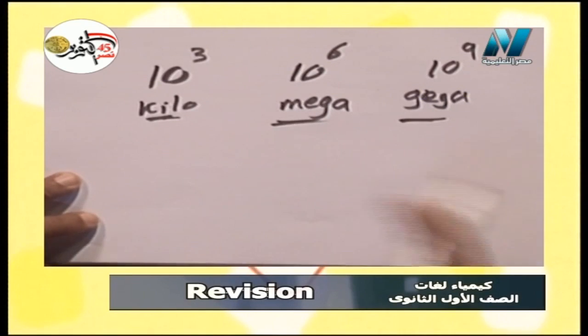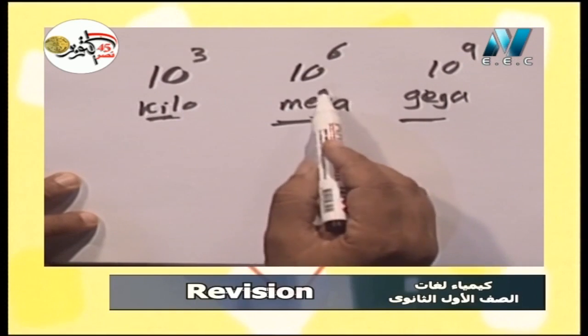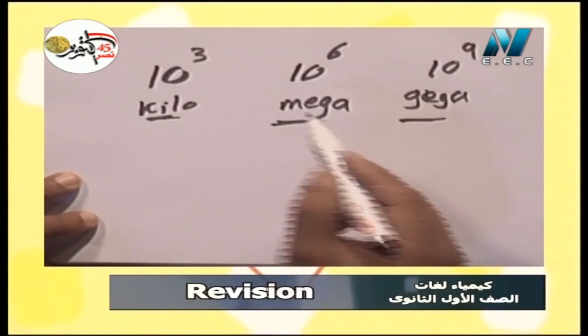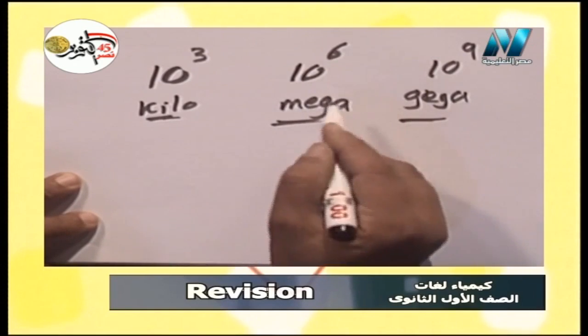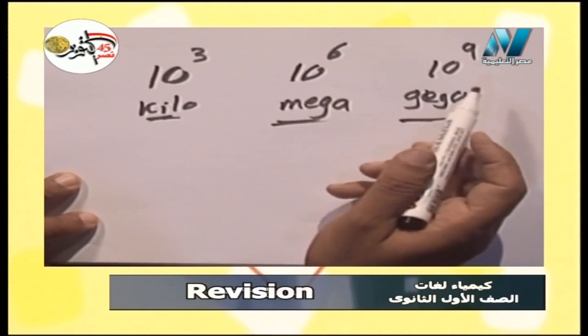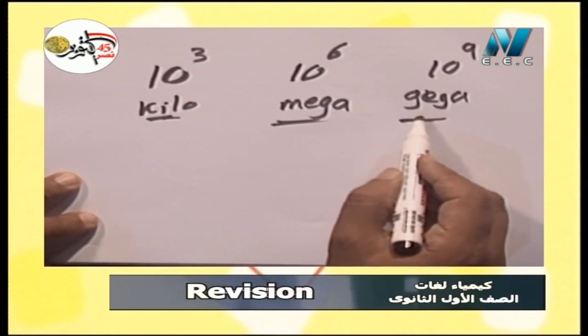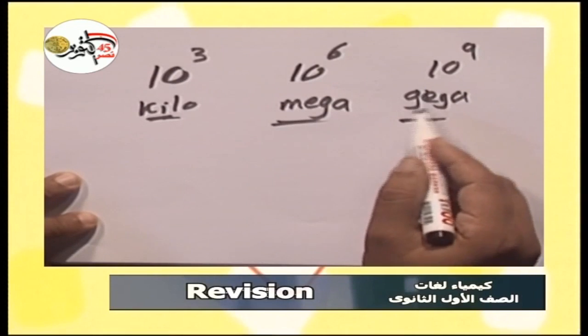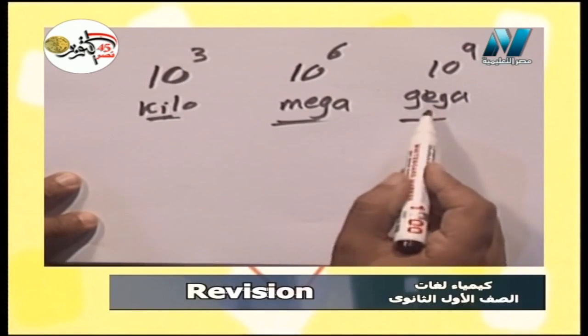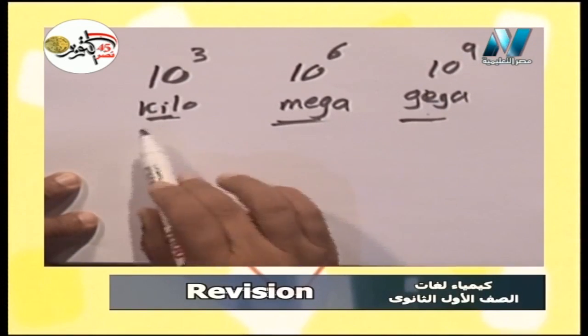So, for example, the camera of your mobile is 16 megapixel. The capacity of the flash memory, for example, we say 32 giga. So this means mega, giga and kilo.